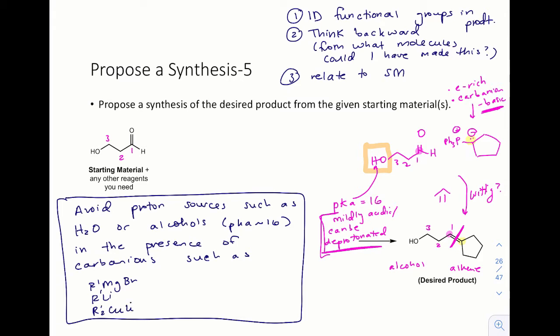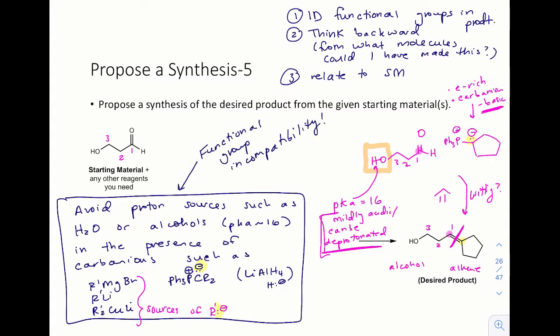These are all sources of carbanionic carbon, and also Wittig reagents. And while we're making this list of nucleophilic reagents, electron-rich reagents that we should avoid exposing to water, we also discussed lithium aluminum hydride, which is a source of hydride, and must be kept away from water as well because it is basic. So it is also incompatible with alcohols.